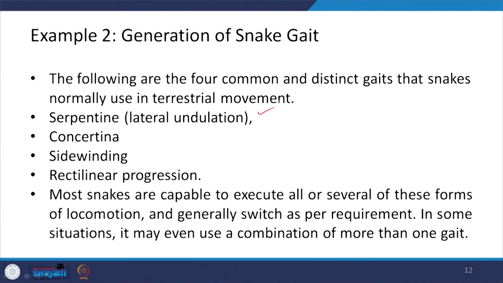These are serpentine or lateral undulation, concertina, side winding, and rectilinear progression. Most snakes are capable of executing all or several of these forms of locomotion and generally switch as per requirement. In some situations, they may even use a combination of more than one gait.